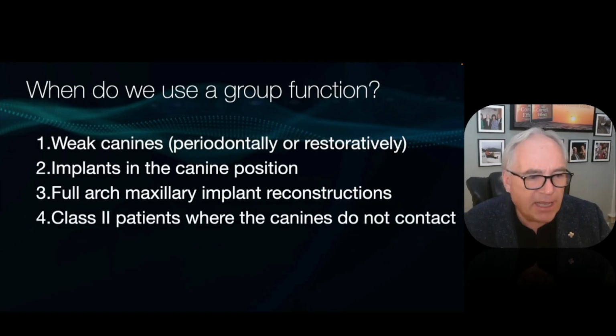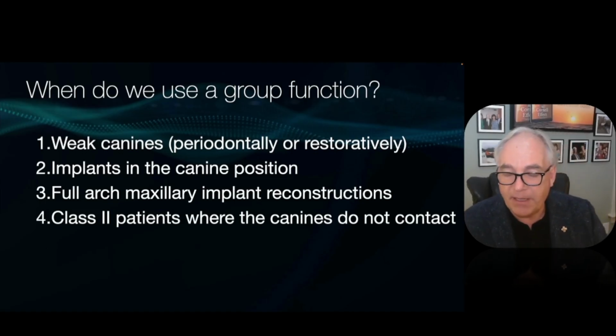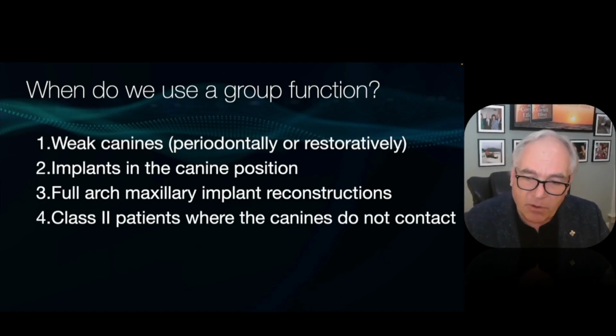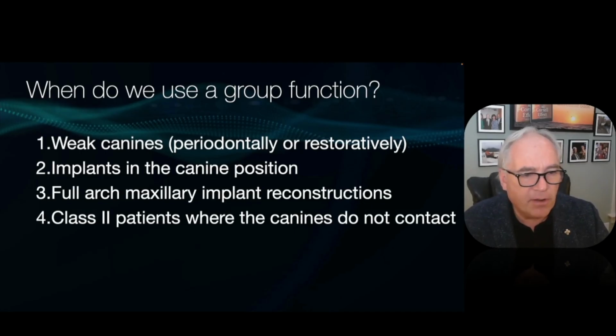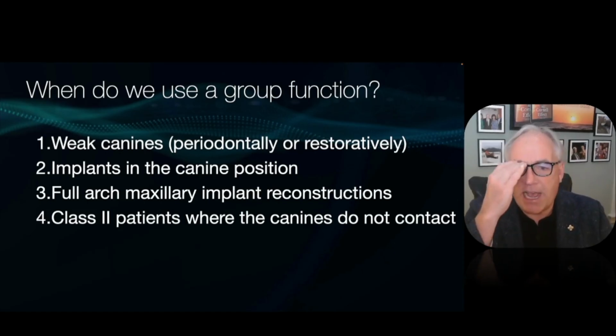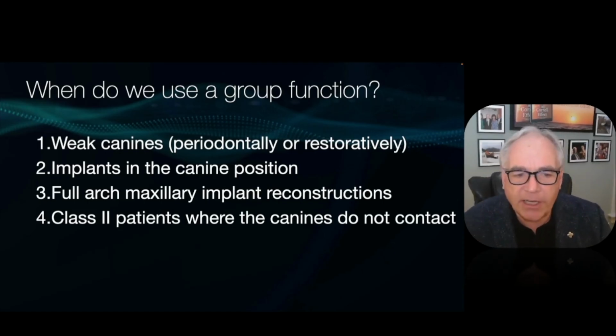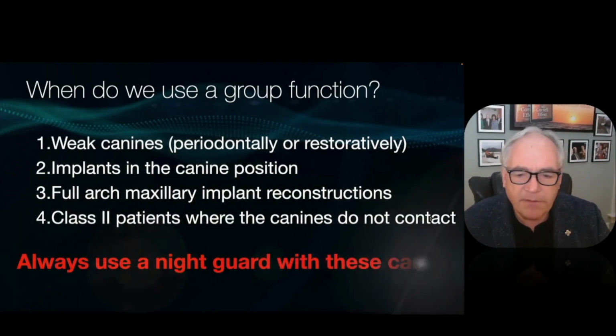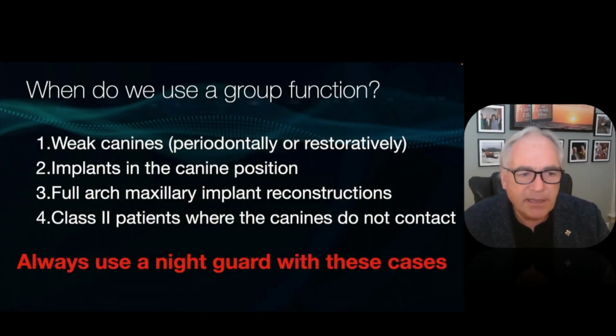And then, of course, occasionally we have class 2 patients where the lower canines don't reach the upper canine. In that situation, if the patient won't do orthognathic surgery because that is a skeletal problem, then we, of course, are going to be doing a group function. With all of these examples, because muscle activity goes higher with a group function, we're always going to be finishing with a night guard in these cases.